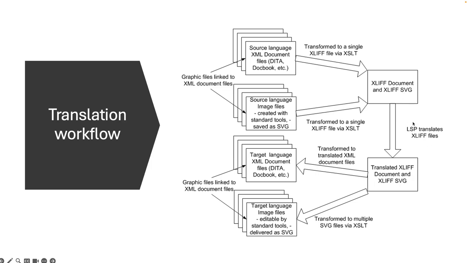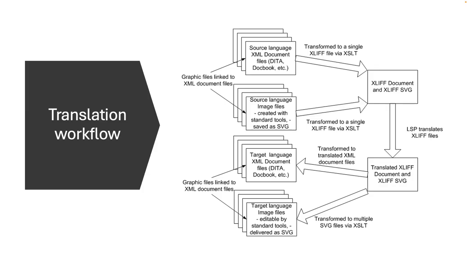The localization service provider translates that XLIF, which now has the translated strings for the document, and the SVG file is then transformed back into its original format, and we have all of the information in the language we need to do our publications.